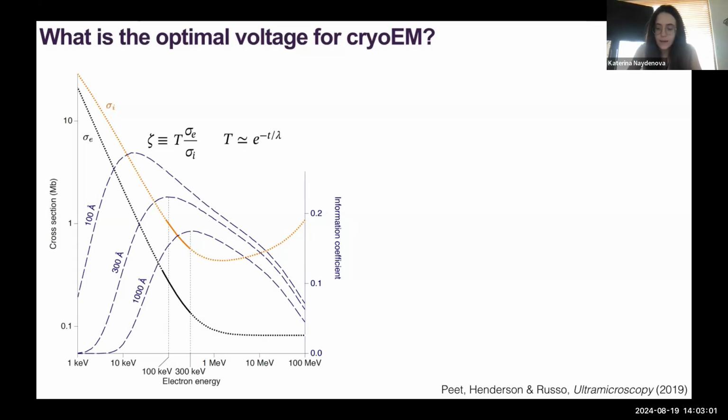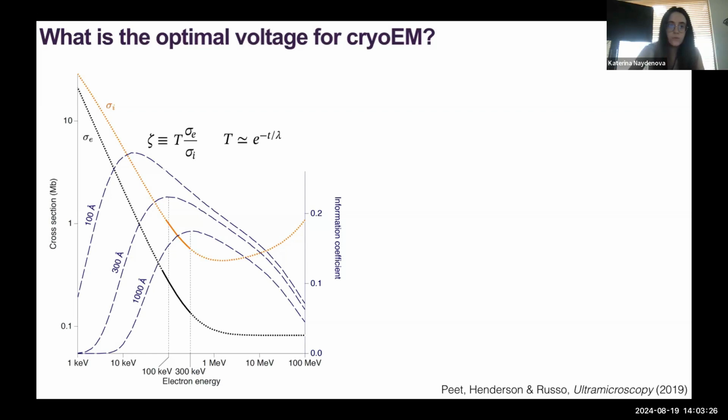But why is that? And is this really the sweet spot? This depends on some properties of the interaction of the electrons with the material that we're imaging, and mainly on the elastic scattering, which generates your useful signal, relative to the inelastic scattering of the electrons in the material, which just generates radiation damage.